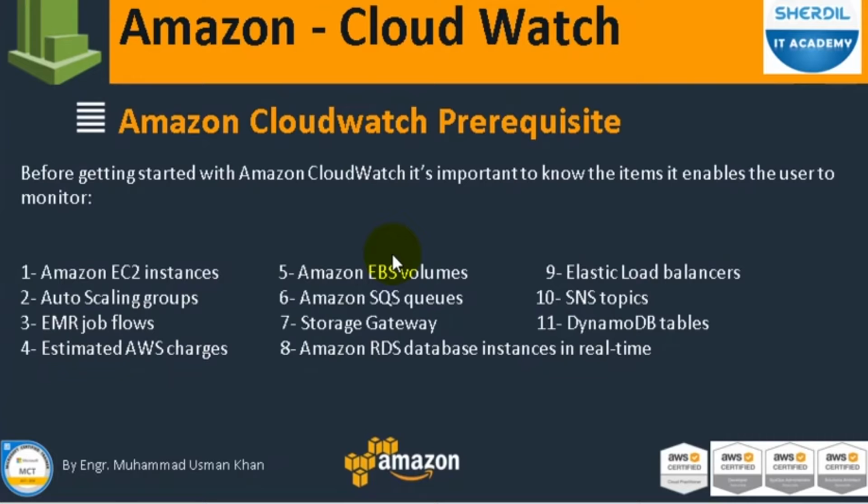You can do that. Amazon Elastic Block Store, incidents and events, SQS queues, storage gateway, SNS topic, Elastic Load Balancer. You can use any of these services along with CloudWatch. So CloudWatch will send you the log files, the metric graphs and set up alarms on the basis of these services.